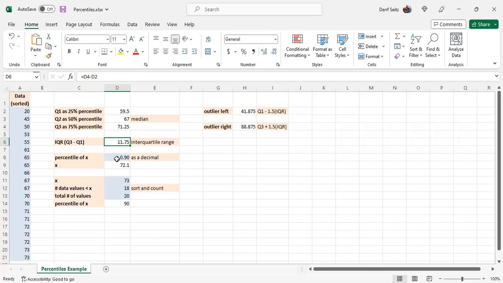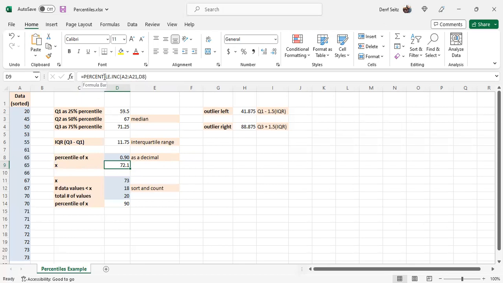Now, looking at percentiles themselves, besides those prominent quartile ones, we'll look here. If we enter a percent that we're interested in as a decimal number, in this case 90, entered as a decimal, 0.90, we can have an answer come out: the percentile that corresponds to that division point, that 90th percentile. What data value corresponds to it?